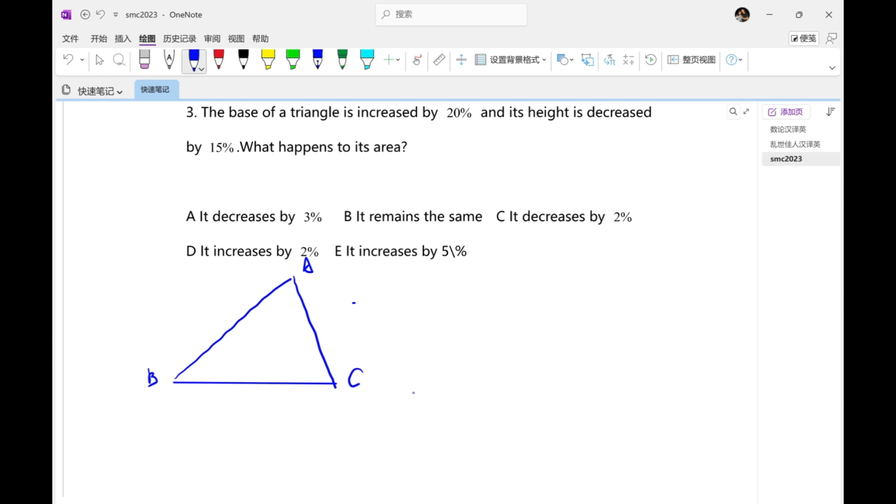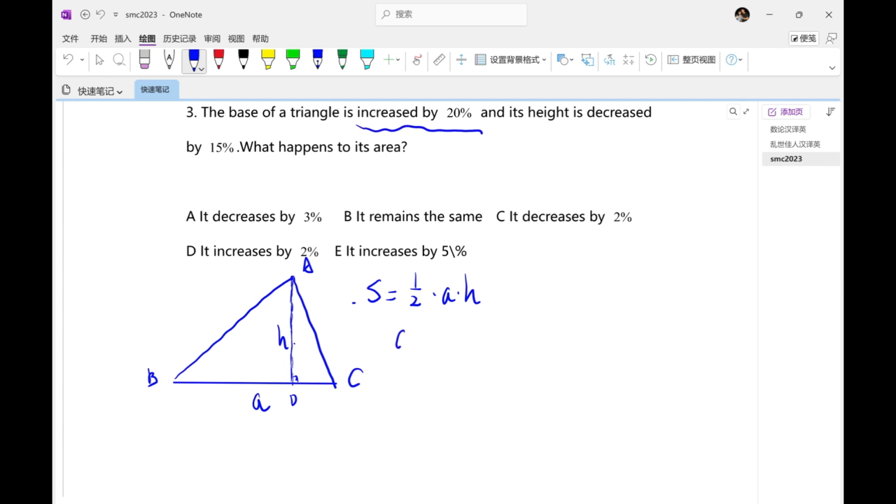We let BC be its base, and we name it A. And we take a height for it from A, making a perpendicular line to BC. That is the height. So its area equals 1/2 times A times H. This is the triangle area formula.